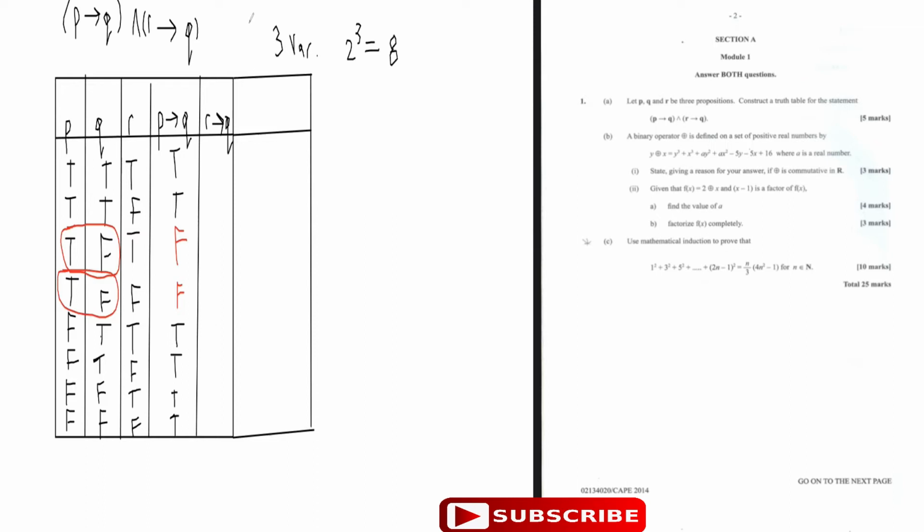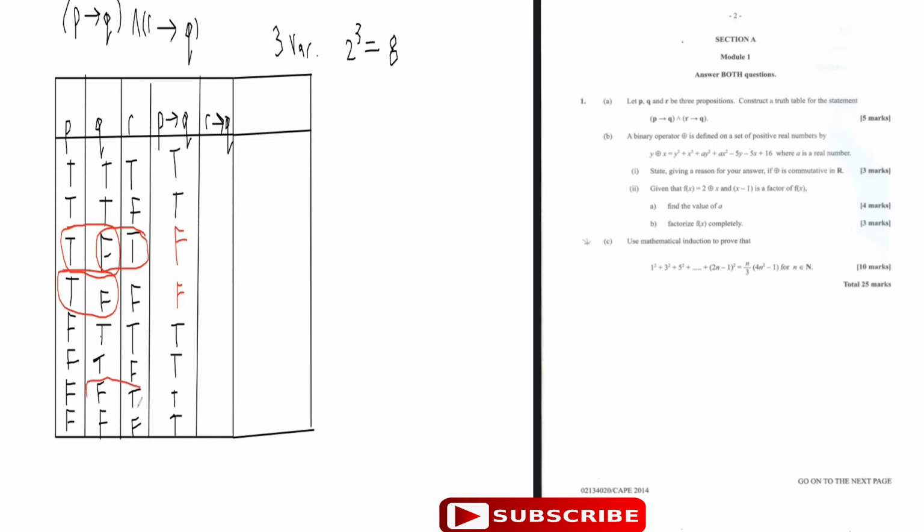Nice. Then for R implies Q, the only time it's going to be false is when R is true and Q is false. So right here again, R is true and Q is false. R is true and Q is false.